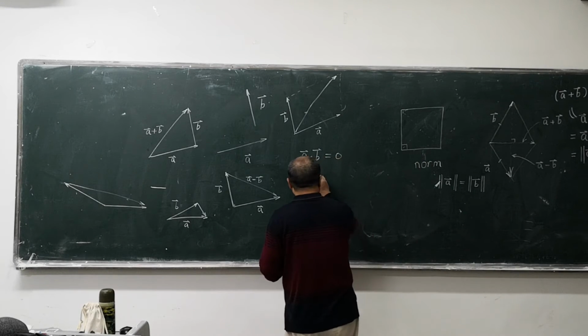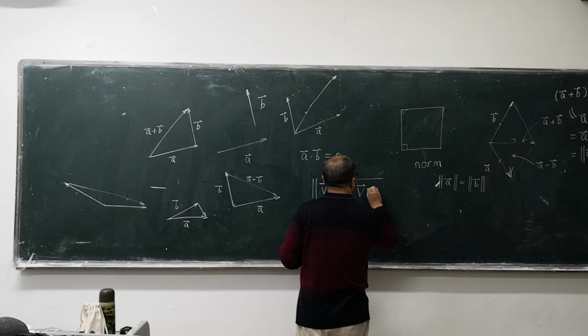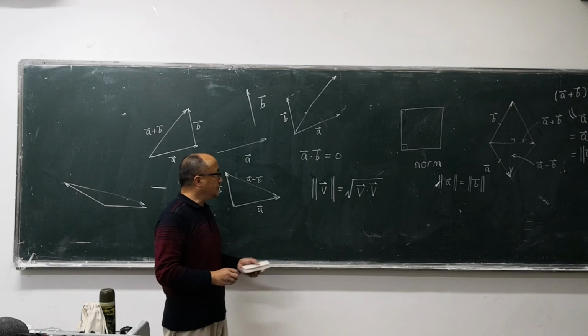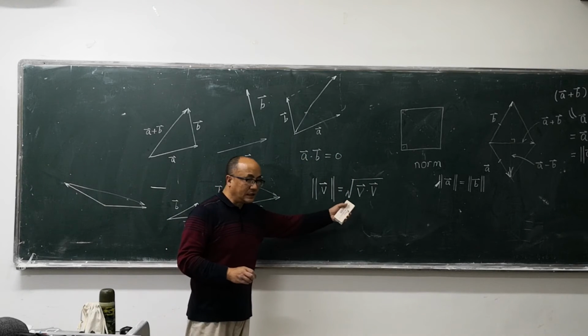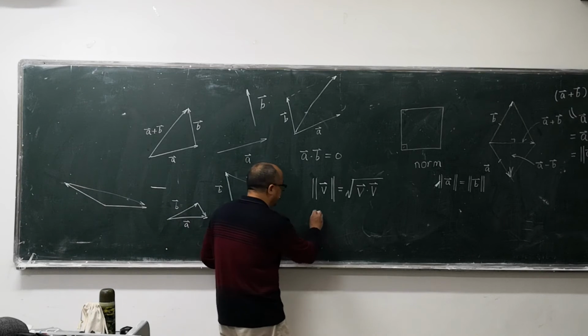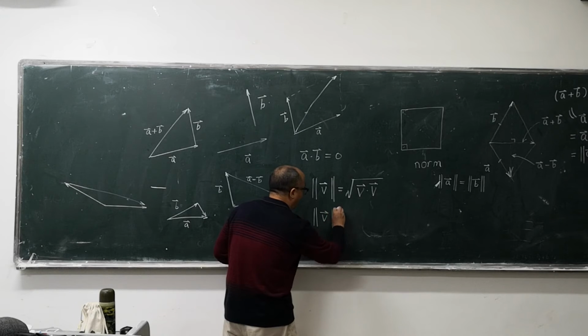It says there the norm is equal to v dot v. Page 20, it says this. I don't know why they don't print this. They should print both.